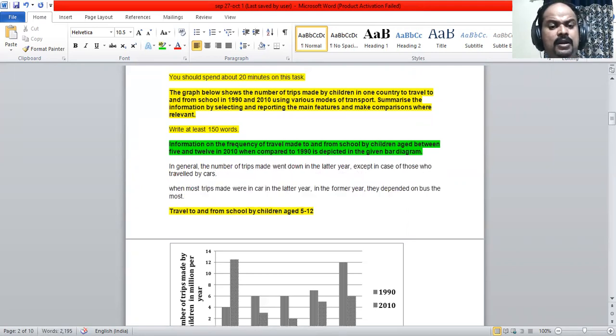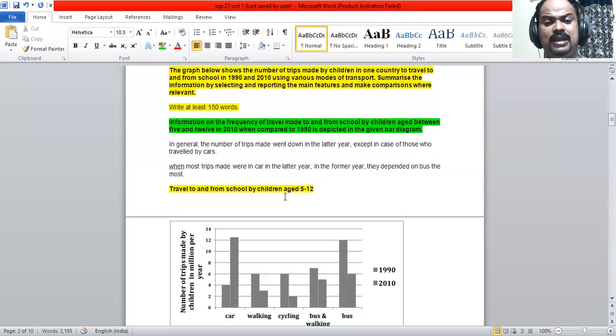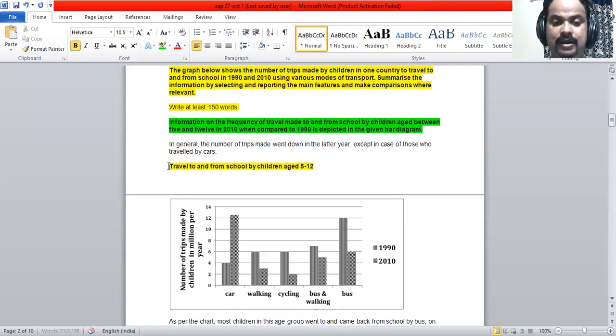In general, the number of trips made went down in the latter year. All the other modes, you can see, it went down in the latter year, except in case of those who traveled by cars. So what you can see in the case of those who travel by cars, you can see an increase.